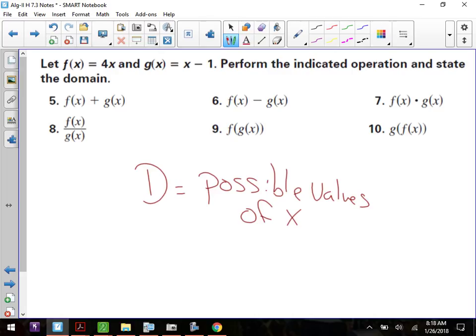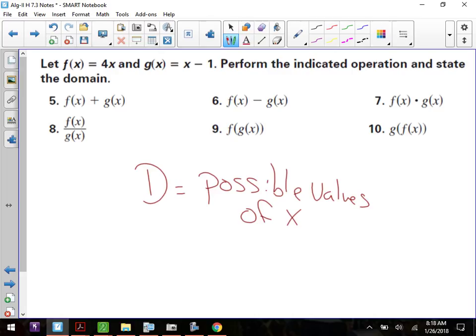A lot of times you're not going to have to worry about domain restriction, because if you're not dividing by a value of x, you generally won't have one. If you have 3x squared, or 3x minus 2, or negative x plus 4, it is all numerator stuff. There isn't a value of x that won't work, so we would basically say all these numbers.